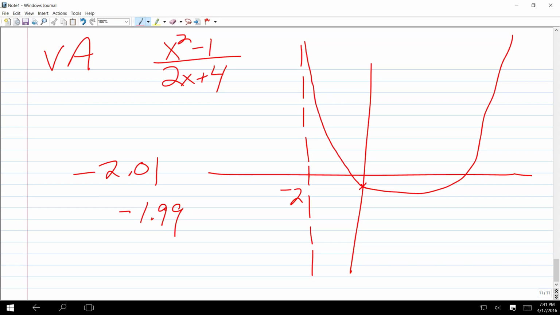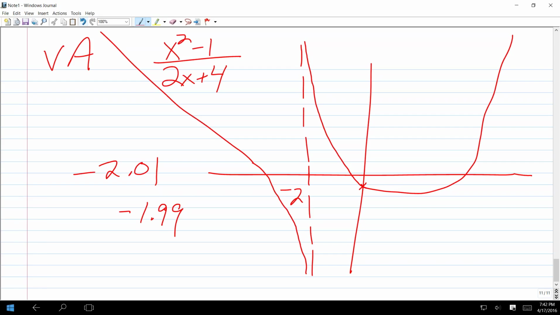The denominator approaches 0, but from the negative side. So that's going to be negative infinity. So as we approach from the right, we're going to positive infinity. As we approach from the left, we're going to negative infinity.